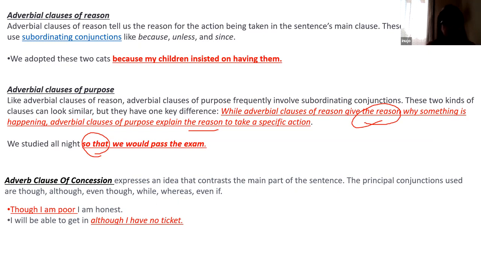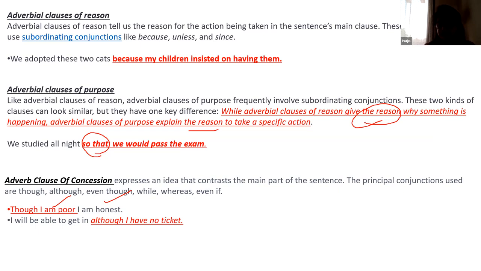For example, though I am poor, I am honest. I am honest is the main clause. I never lie, I do the right thing, I am a very honest person. Though I am poor, I am very honest. Generally there is an idea that poor people will steal. So against this idea, I say, though I am poor, I am honest. So there it is adverb clause of concession.